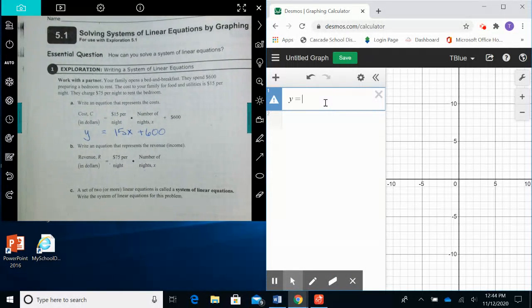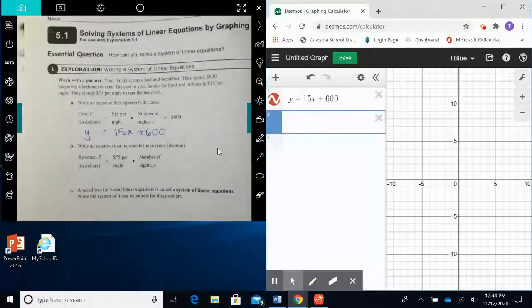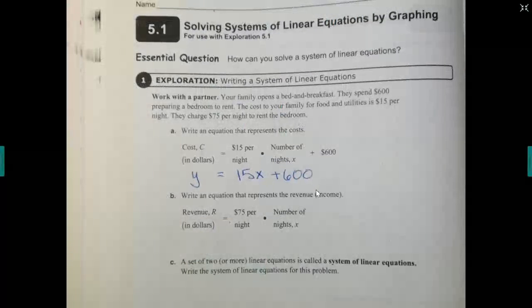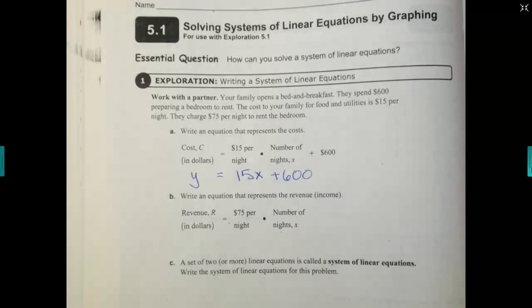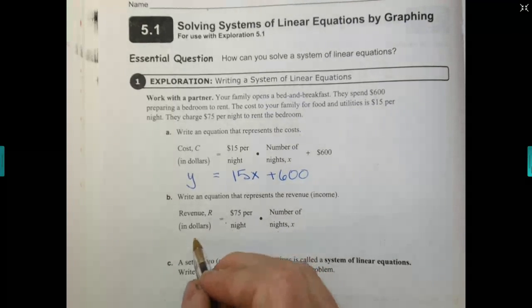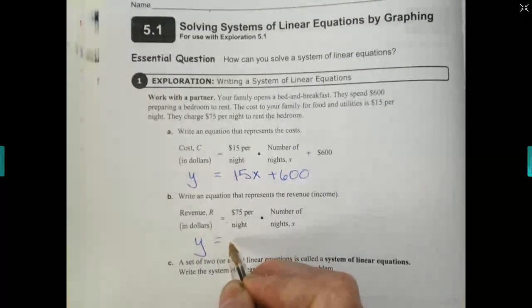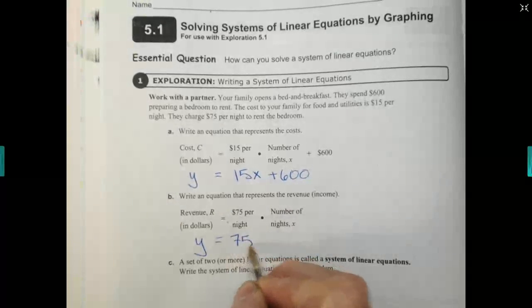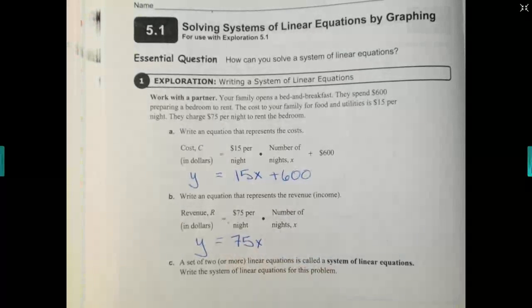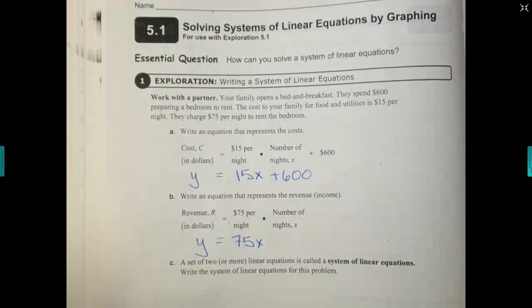y equals. So we got our first equation in Desmos. Now, let's check out our second equation. Write an equation that represents the revenue. Revenue equals $75 per night. So the amount of money we make is $75 per night.